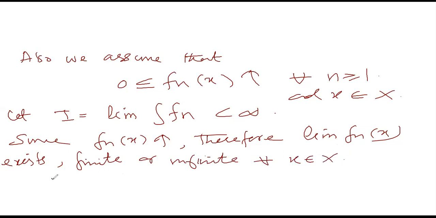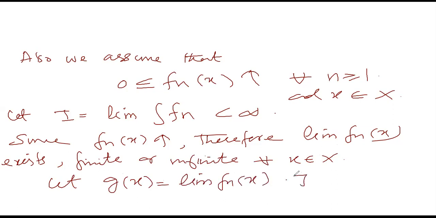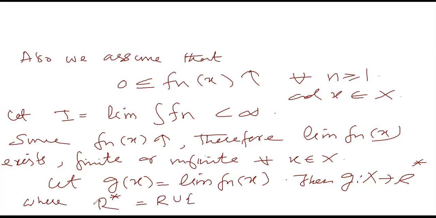So let's denote this limit by g of x, the limit of fn(x). Then g is an extended real valued function, a function from X to R star, where R star is the set of all real numbers union the infinities as well.